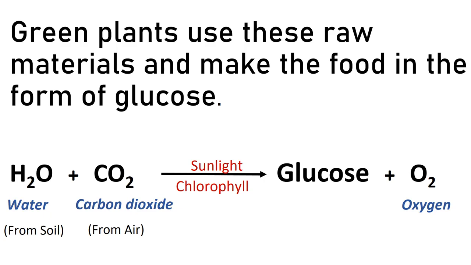The arrow in between reactants and products indicates the direction of the process. Here, water, carbon dioxide, sunlight, and chlorophyll are the reactants, whereas glucose and oxygen are the products.